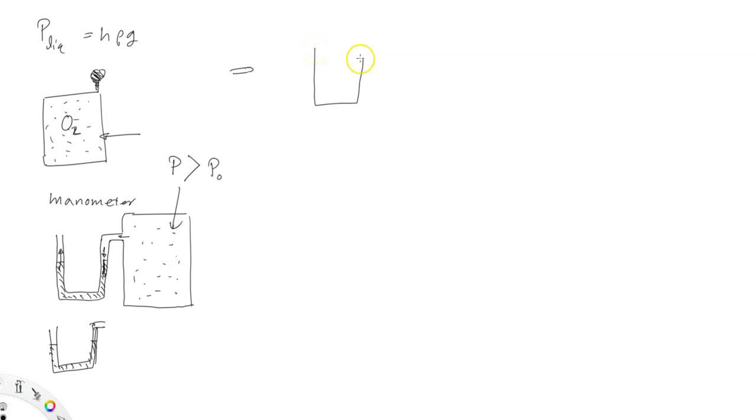Here's the tube, connected to the gas tank. This side goes down, this side goes up, and this side is open to the atmosphere. So over here the pressure is P0. Inside is some pressure Px, which we don't know.